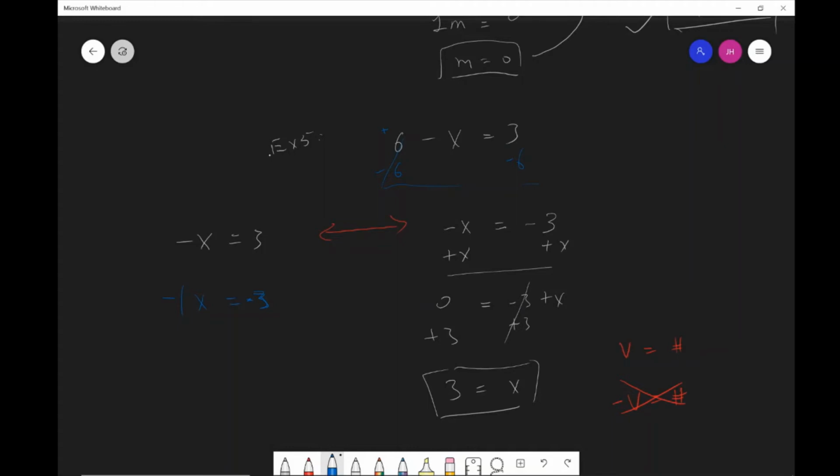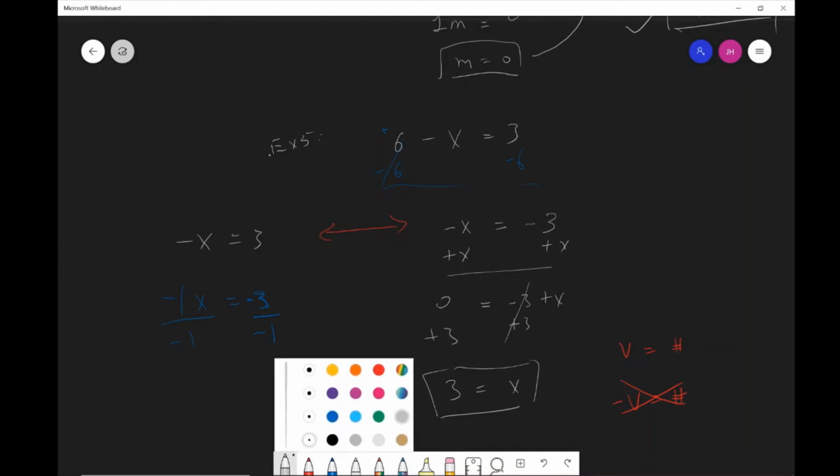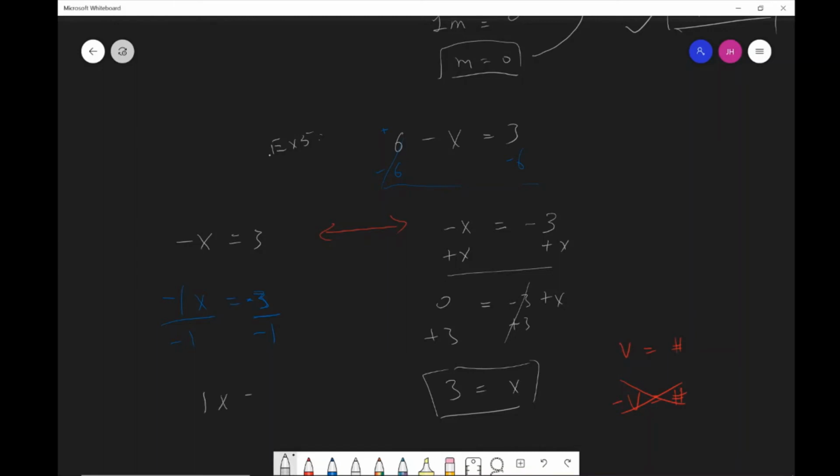Well, how can I get rid of the negative 1? In this case, divide by negative 1. Now negative 1 divided by negative 1 gets you positive 1. So that gets you positive 1x equal to 3, which just means x equal to 3. So you can see that both ways will get you to the same answer.